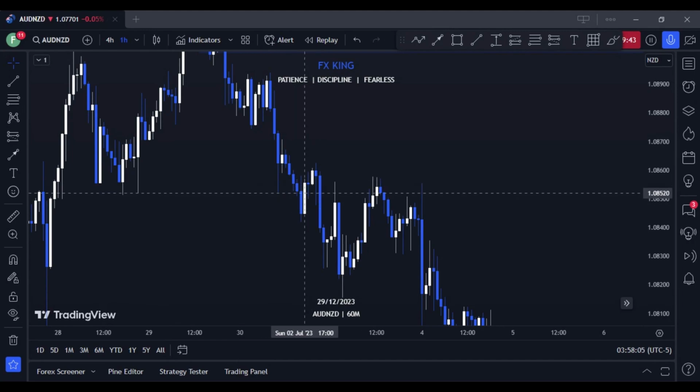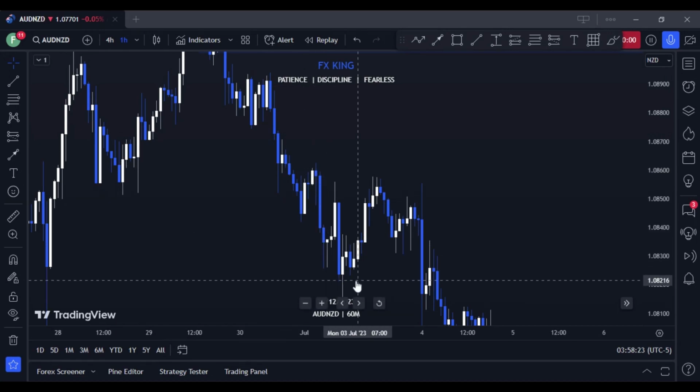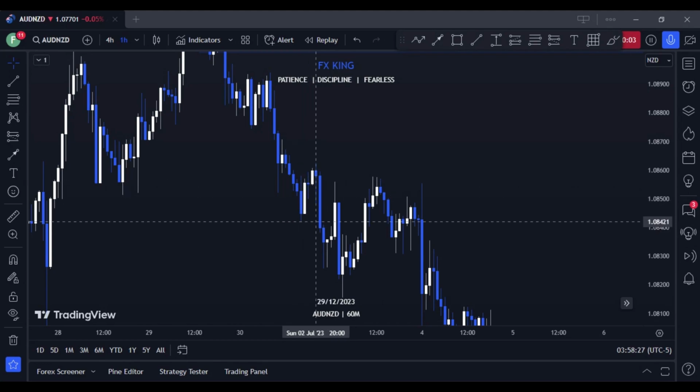For a valid pullback to occur here, price needs to pull above this candle's high, then break below here. As you can see here, this next candle immediately pulled above this candle's high, and you can see this is our lower high here, and price broke below here. So this is considered a valid pullback.